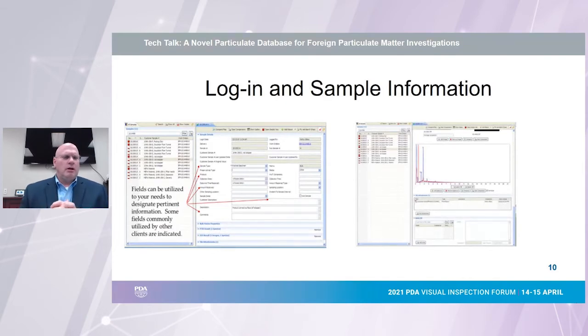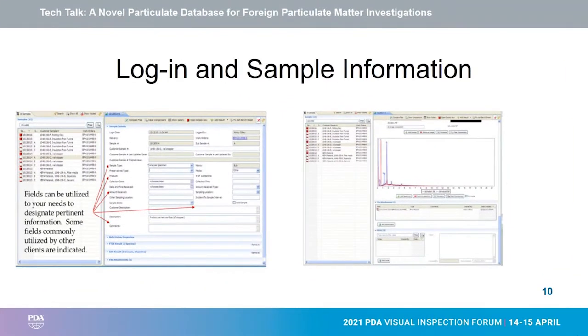So here's an example of what one would look like. Typically in a login environment, you can have things such as the usernames and dates and the types of information, sample numbers, collection dates, the type of investigation it was. All of this information can go into a place where we can store it.